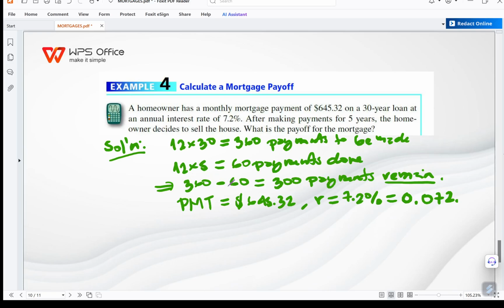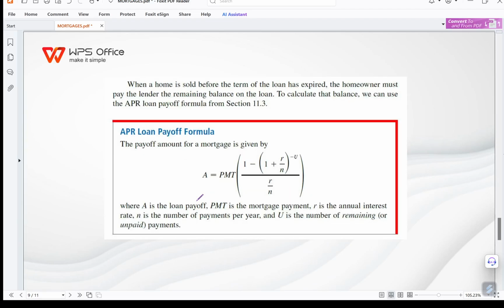According to our formula, the mortgage payoff is given by this very complicated formula. A is equal to PMT times that.